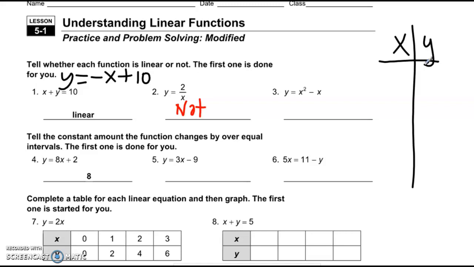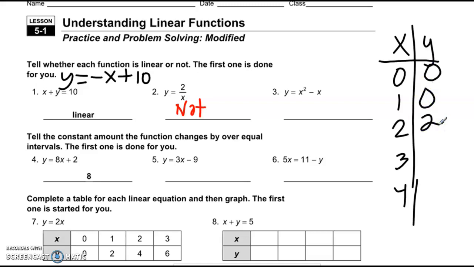I struggle with the equation, so I'm going to try to do the t-chart here to see. So I'm going to let x equal 0. When I plug in 0 for x, I get 0 squared minus 0, which is 0. When x is 1, 1 squared minus 1 is 0. When x is 2, 2 squared would be 4. 4 minus 2 is 2.